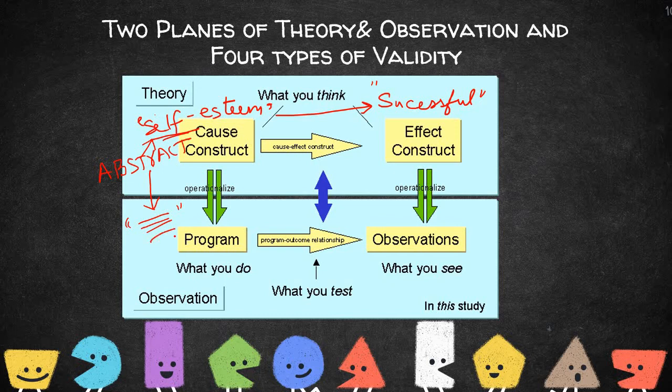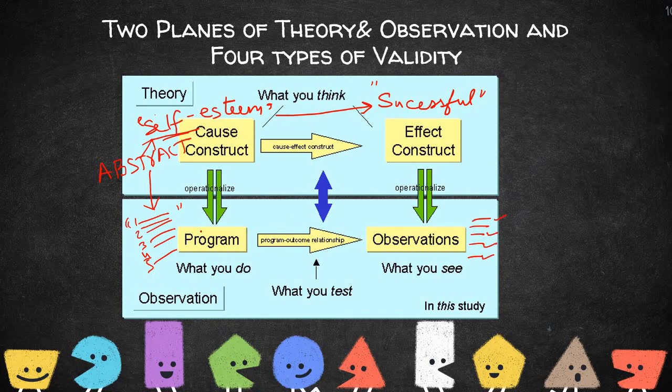So looking at, let's say, 4 or 5 statements, 1, 2, 3, 4, 5, people can actually understand what is meant by self-esteem. And similarly, what is success, you can say 1, 2, 3, 4, 5. If you have all these things, you are a successful person.